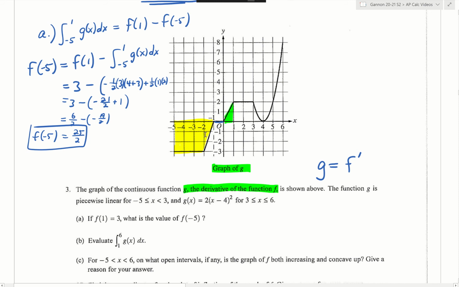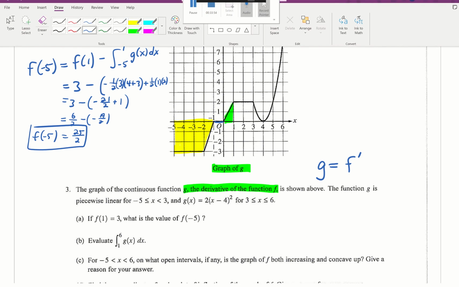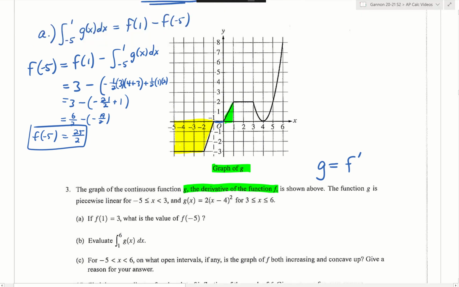All right, guys, looking at part B, evaluate the integral from 1 to 6 of g of x. So now, if we want to calculate the integral from 1 to 6 of g of x, let's take a look at that. So we've got part B over here. From 1 to 6, we are looking from here to here.